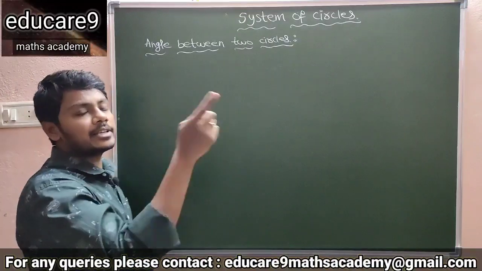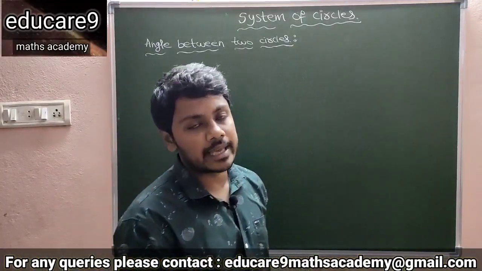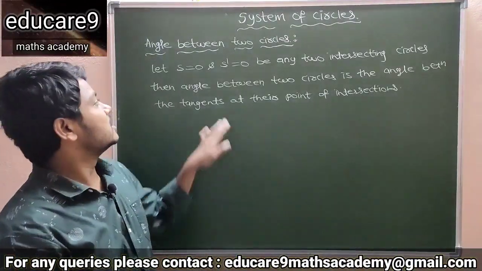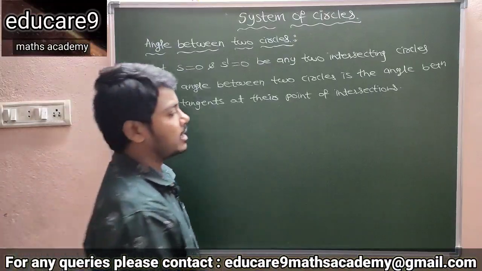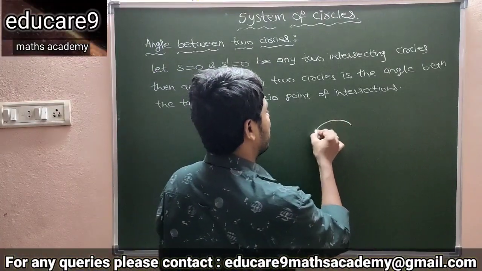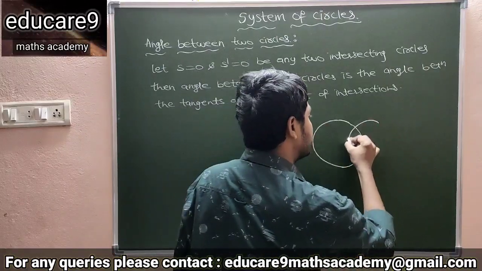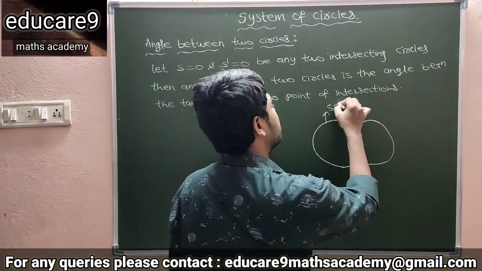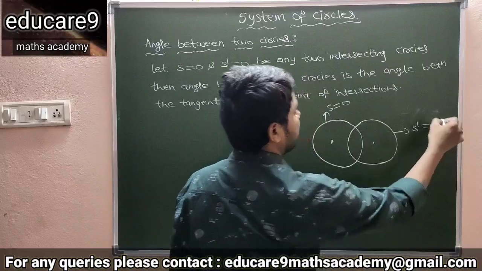So next, angle between two circles. If two circles are intersecting, then only the angle between two circles exists. So here, let S equals 0 and S dash equals 0 be any two intersecting circles. For example, this is S equals 0 and this is S dash equals 0.